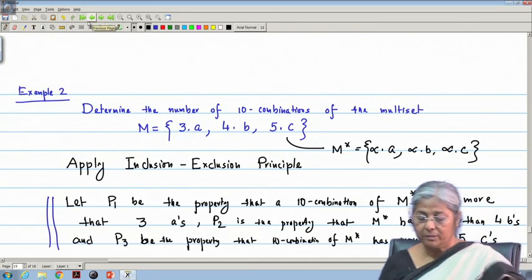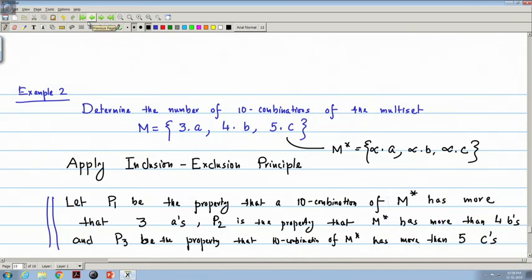The original M was A with 3 repetitions, B with 4 repetitions and C with 5 repetitions. Then I converted it to M star with infinite repetition, and P1 means A appears more than 3 times, B more than 4, C more than 5. So, this is actually the complement.